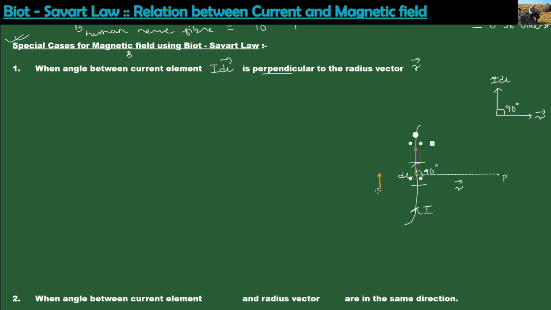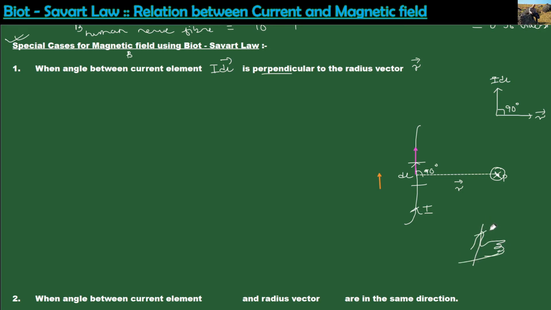That pink color is our I dl bar vector, and at this particular point, by applying the right hand palm rule, the field is perpendicular and into the board, so this is represented by a cross. You have to apply the right hand palm rule like that.